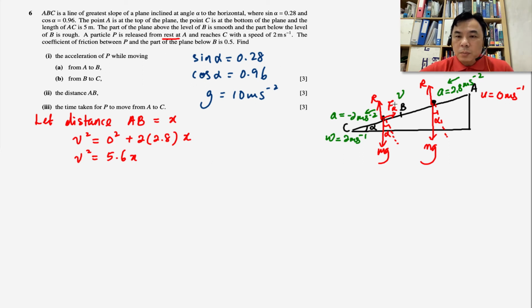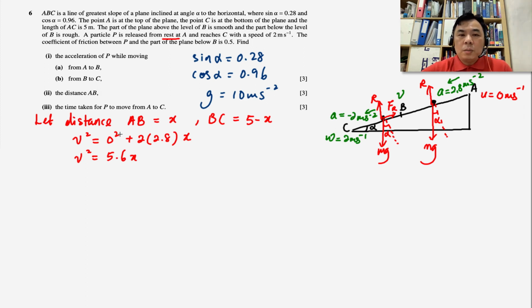And then the second part, BC. We know the distance. Since AB is x, distance BC must be 5 meter subtract off x, because the entire length of AC is 5. Subtract off the length of AB, you get the length of BC.